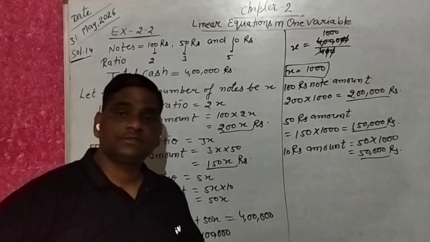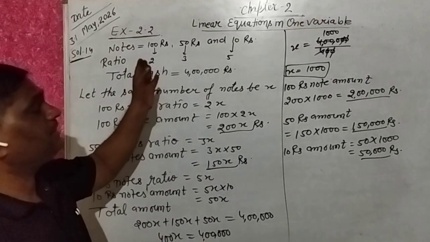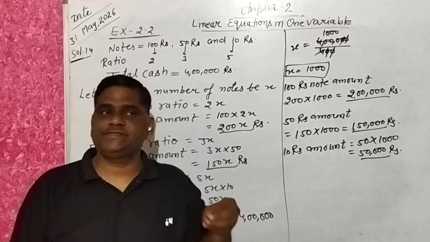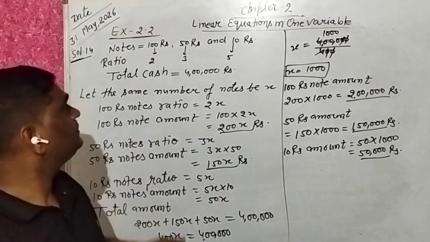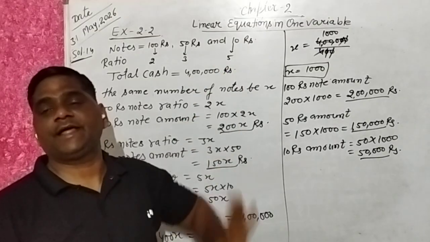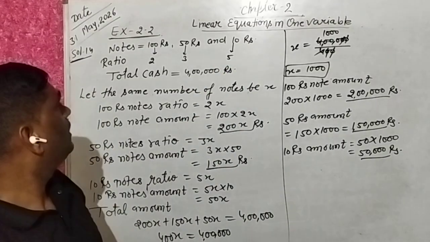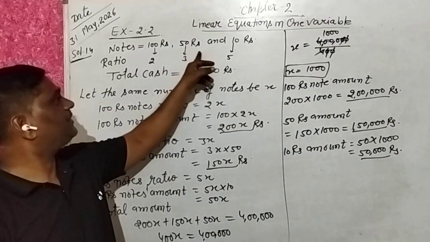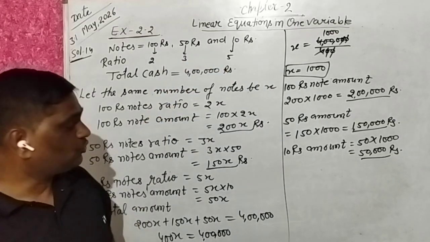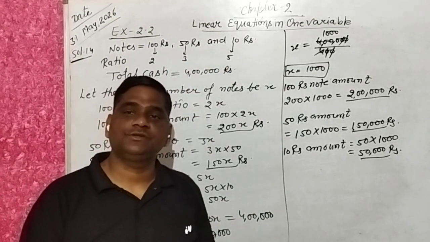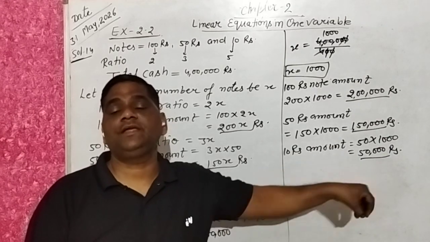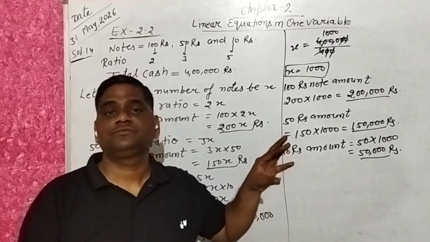So, do you understand the question? Lakshmi is a cashier and she gets 100 rupees, 50 rupees and 10 rupees notes. The ratio is 2, 3 and 5, and the total amount is 4 lakhs rupees. So how many notes of each do you find?